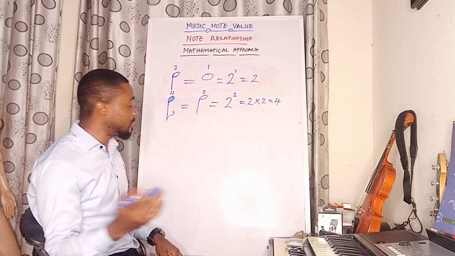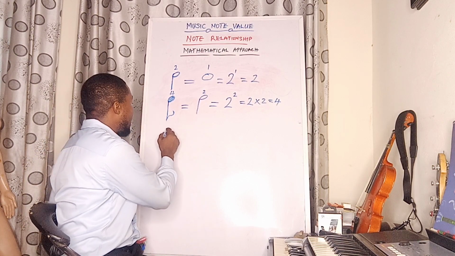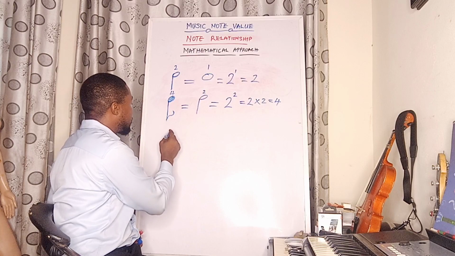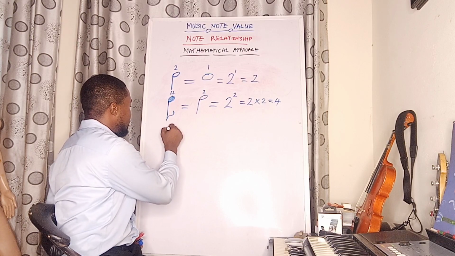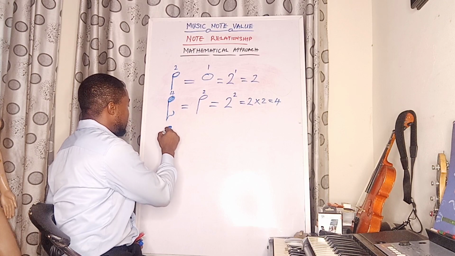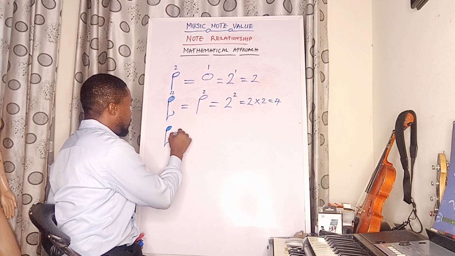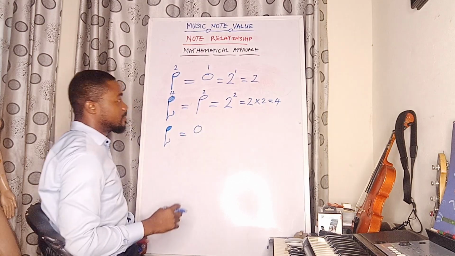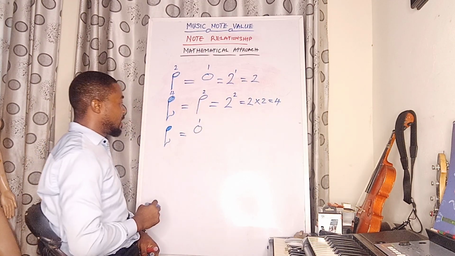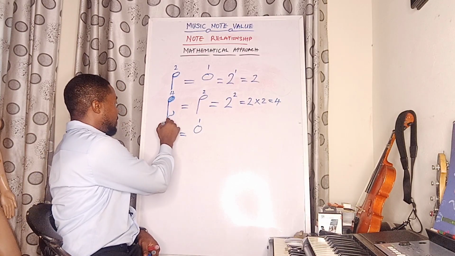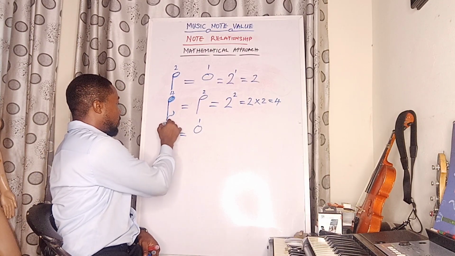Can we still go further? Okay, let's try out this note. How many of these notes do we have in this? Here we have 1, but here we have 4, right?